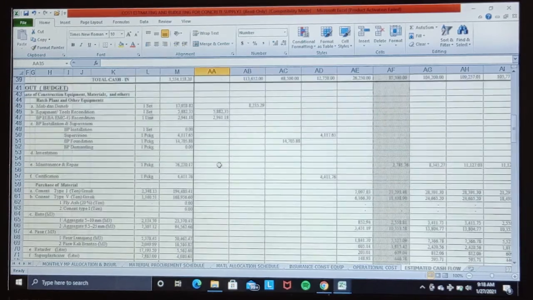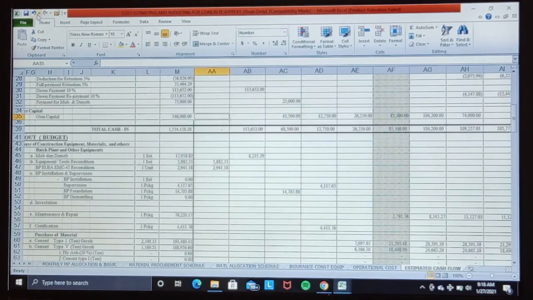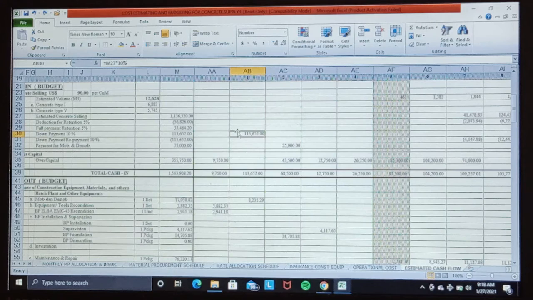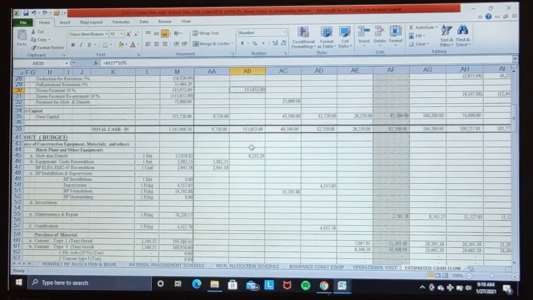Then we cover this by our own capital, by the cash of $9,750,000, because it is also for operational cost requirement in the early stage, where in the first three months before the progress invoice is paid by the client, or because of large operational cost requirement at the early stage for site preparation, temporary facility construction, manpower, material, and equipment mobilization.